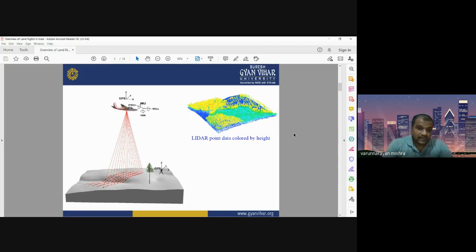IMU corrects the variations. IMU corrects the errors caused in the data set because of the rotation and movement of the flight, that is known as roll, yaw, and pitch. So roll, yaw, and pitch are the basic types of movement that can be caused by the movement of the aircraft.